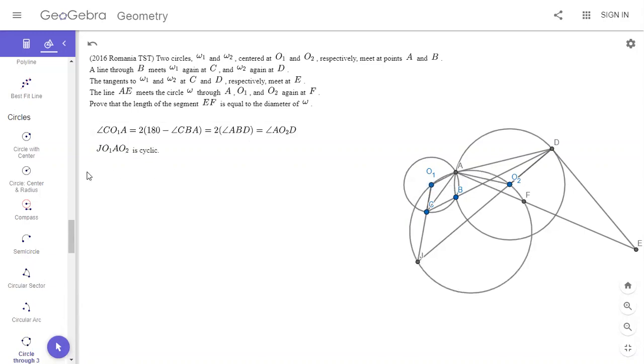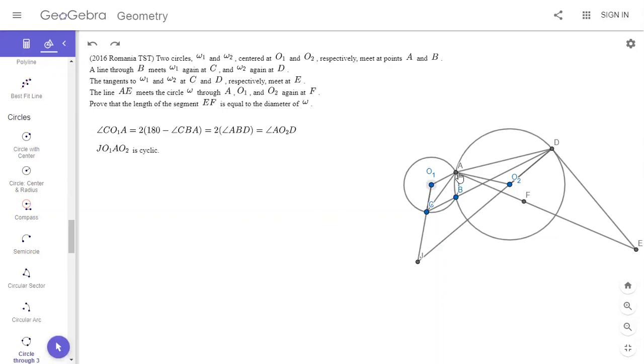I didn't prove yet that F lies on that circle though. So let me move that for now. Oh, but we know that F also lies on this circle because F is defined to lie on that circle.